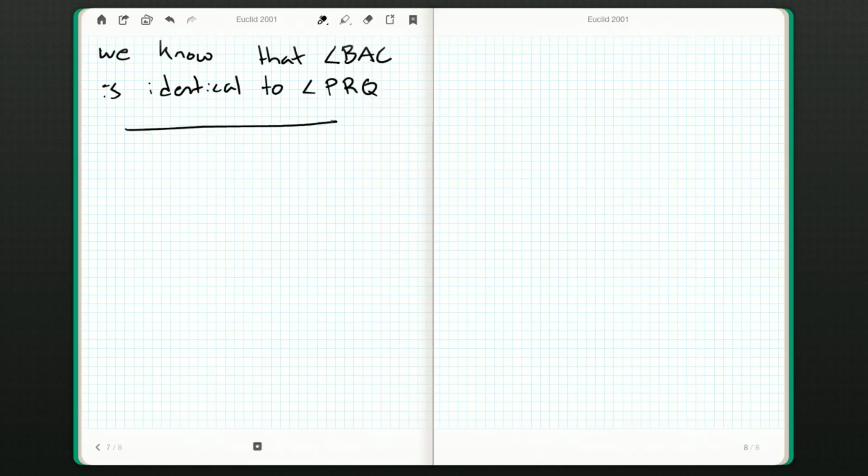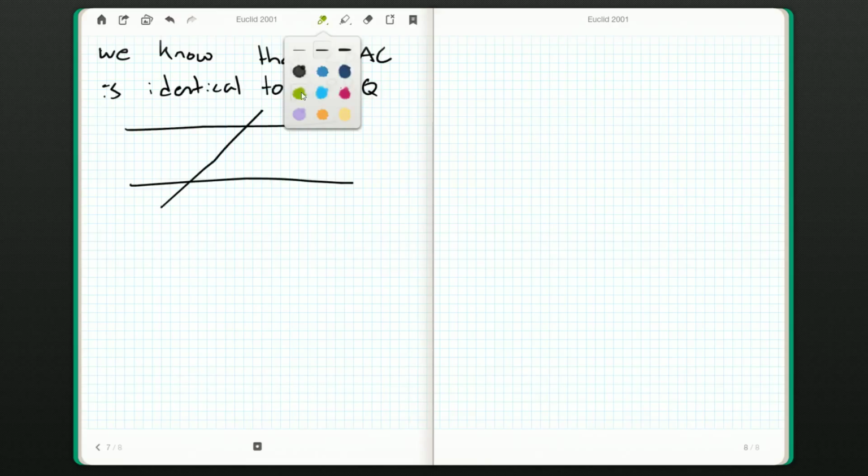Well, if we have two parallel lines here, and they're both cut by the same transversal, then we know some things. For example, we know that these angles are the same. But anytime you have two lines intersect, opposite angles are the same. So these angles here are the same. And that's the theorem I'm invoking here. Sometimes I've heard it called the Z theorem.